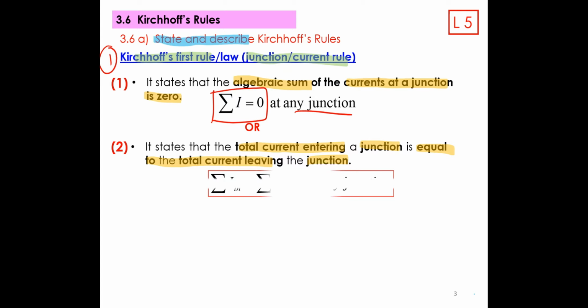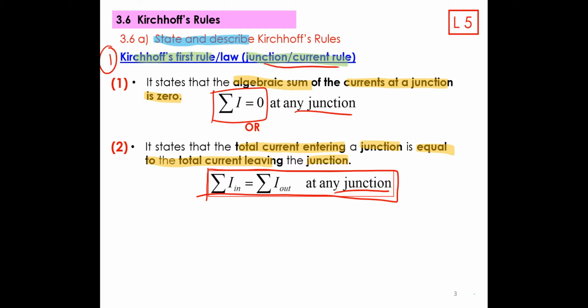And the mathematical equation is total I in equals total I out. It is about any junction, because as I mentioned earlier, Kirchhoff's first rule is about the current at any junction.